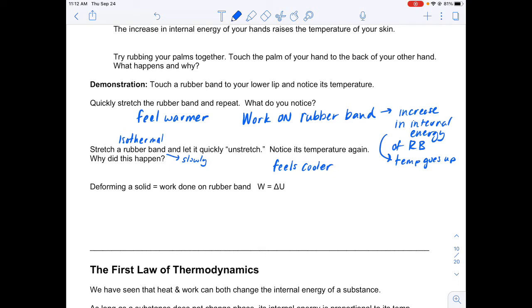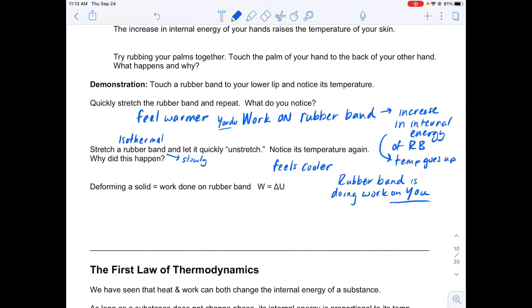And in this case, what's happening is the rubber band, when it's pulling your hands together, the rubber band is doing work on you, before you do work on the rubber band.